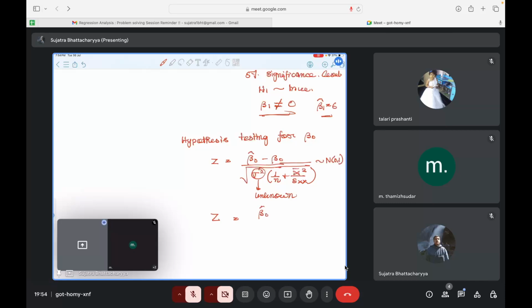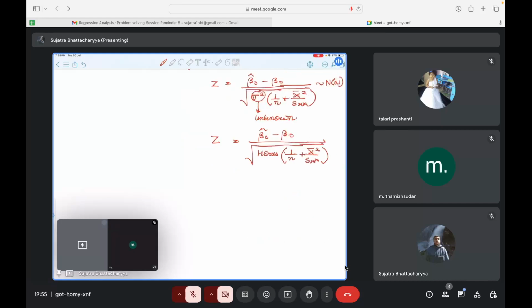So beta naught cap minus beta naught, and we just replace sigma square with MS residual, times 1 by n plus x bar square by Sx. Clear. But this cannot be written as N(0,1) now because sigma square is changed with MS residual. So again we will do something more.